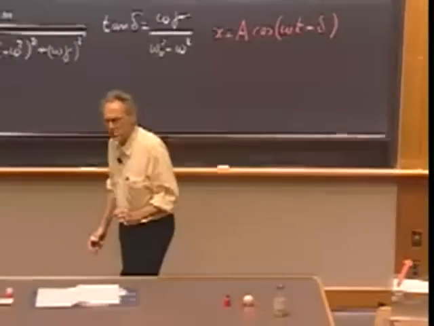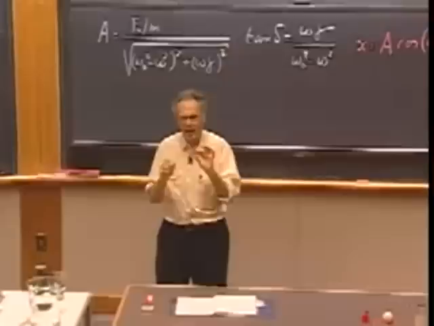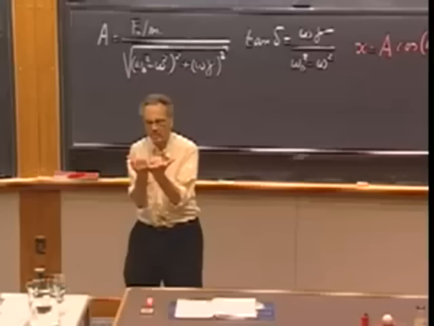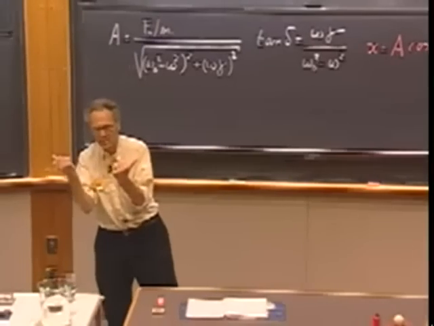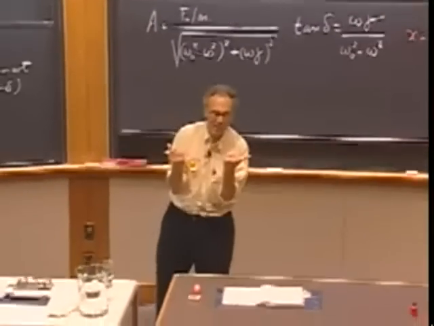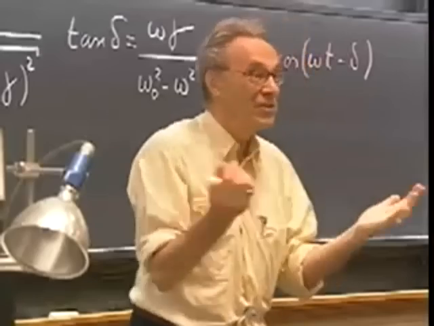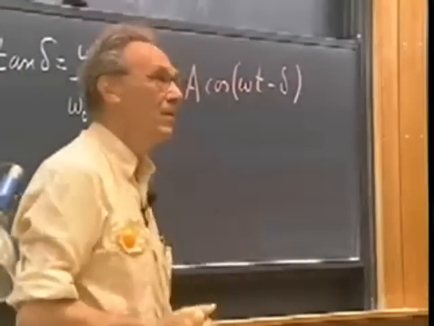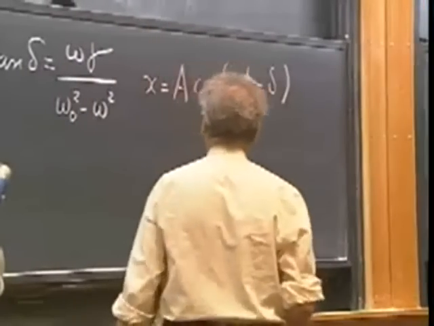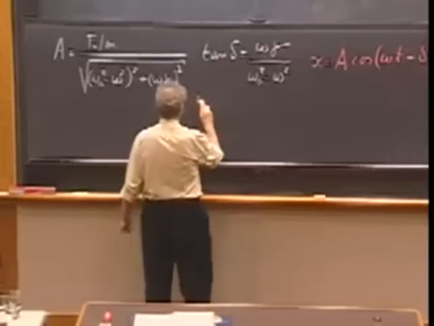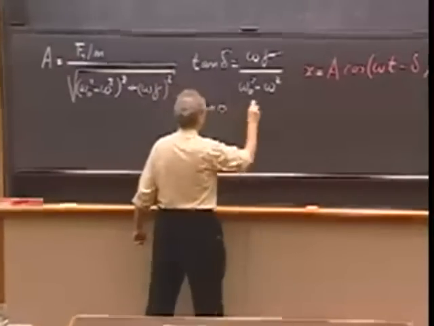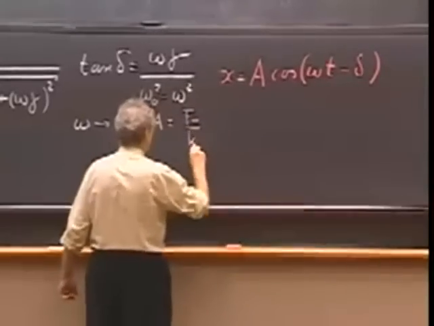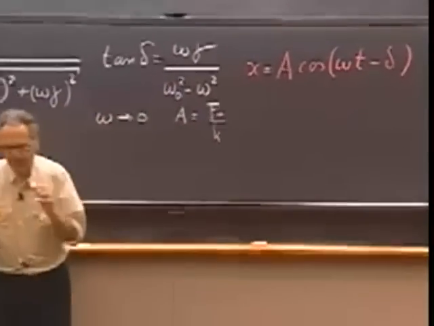If that force goes so slowly, then at all moments in time, there must be equilibrium between the spring force, which is, of course, kx, and the force that you apply, which is F. And so, if you do it extremely slowly, the two must always cancel each other. And so I make the prediction now that when omega goes to 0, that A should become f0 divided by k. That is that x.